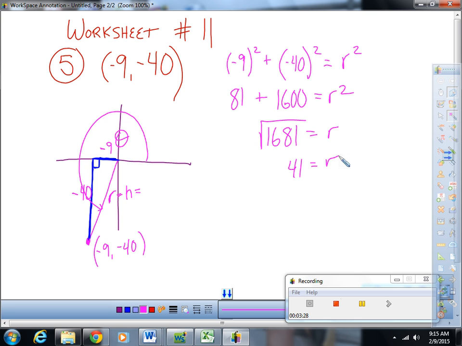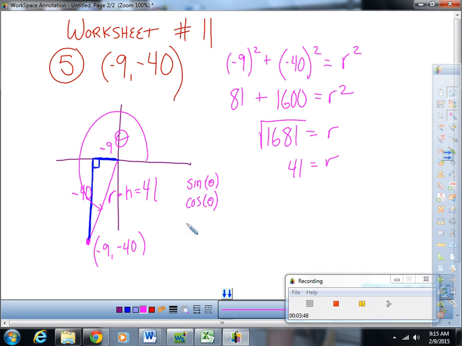All right, so now that we've found our r, or our h, to be 41, then you just want to look through your notes. If you look at worksheet number 10, you remember sine of theta, let me write these down real quick.